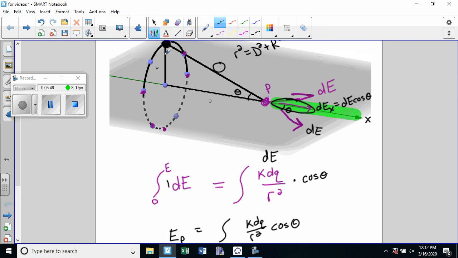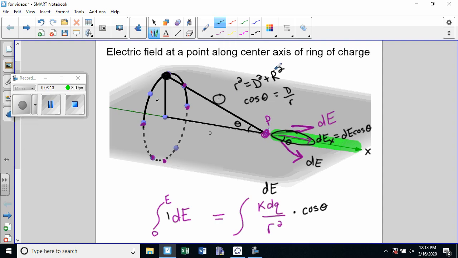But again, I've got this right triangle, and it looks like if I take the cosine of this theta, then I would get adjacent over hypotenuse. So I can say cosine of theta is the same thing as d over little r. Oh, but I don't want a little r, right? Little r is appearing to be a variable. I just showed through the Pythagorean theorem that little r is not a variable.